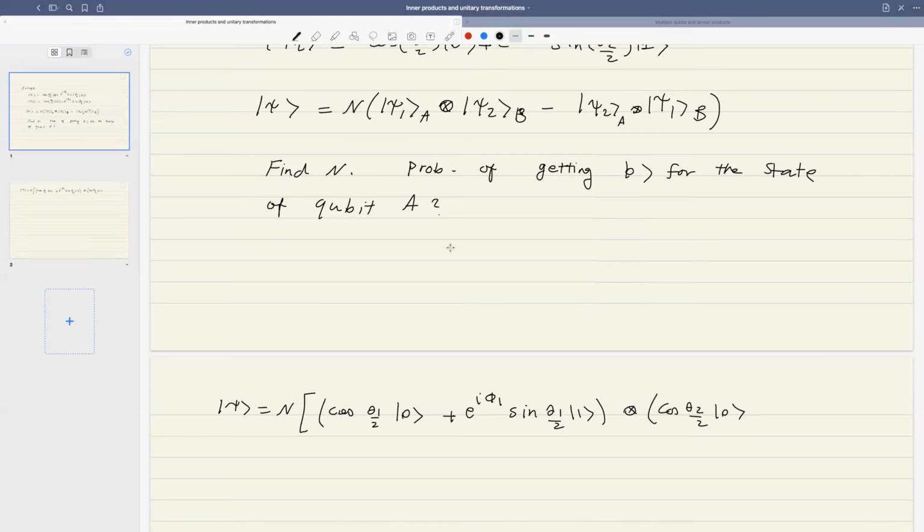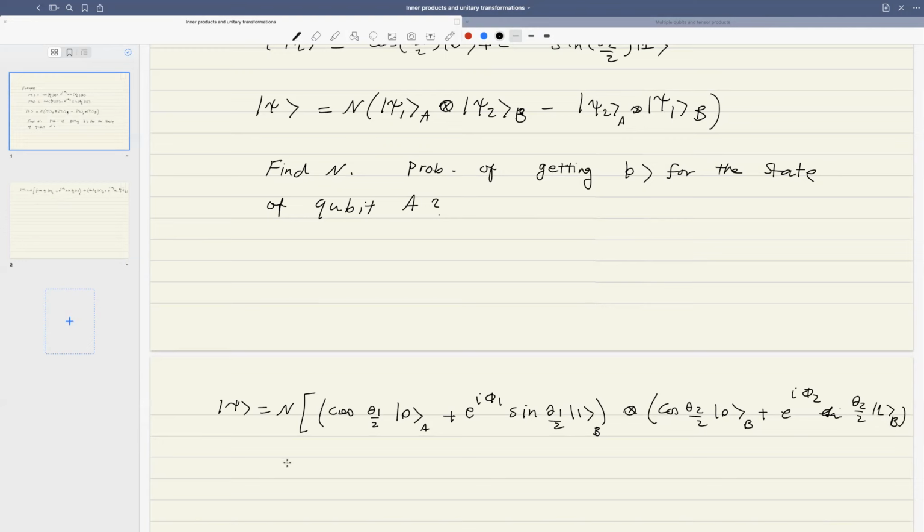The first 0 or 1 is for A if we want to be very explicit, and the second is for qubit B.